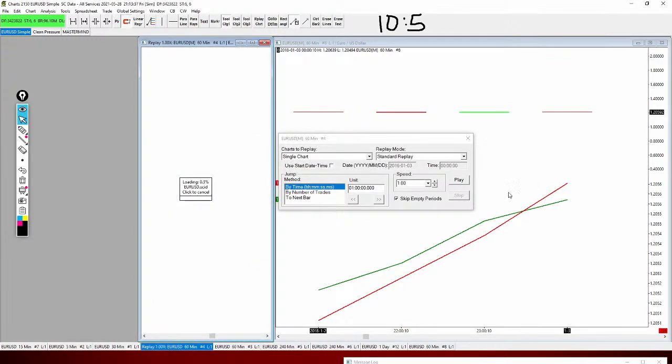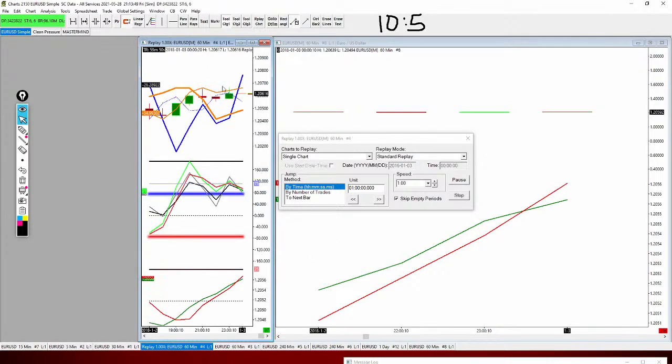Let's wait for that to load. So at the very start of this candle, we actually had the dirty pressure setup, right? Green is on bottom. All four lines are pointed down. But this candle has not ended.